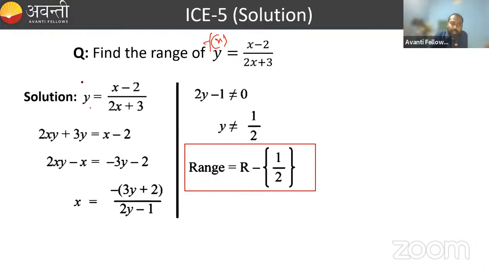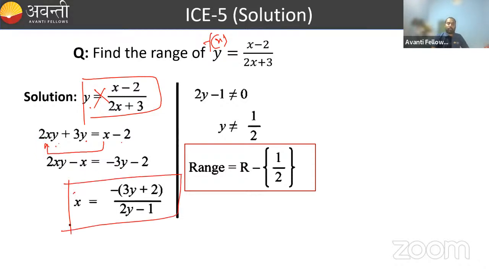Here y is equal to x minus 2 upon 2x plus 3. By cross multiplying, we get 2xy plus 3y. By simplifying, if we take this to this side, we get x is equal to minus of 3y plus 2 by 2y minus 1, right?